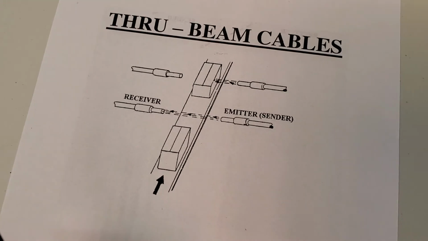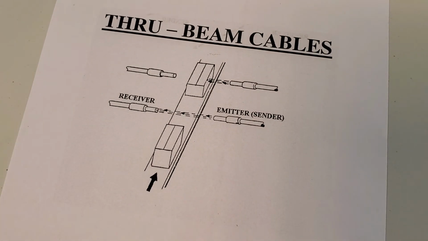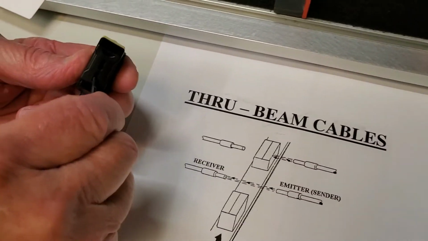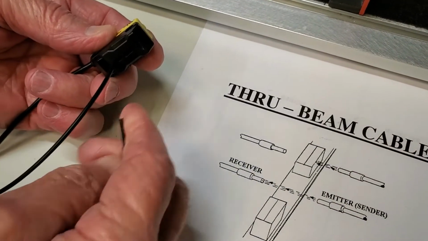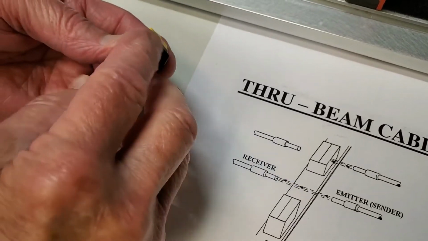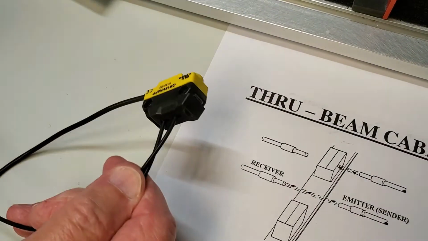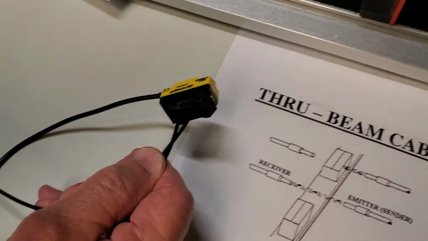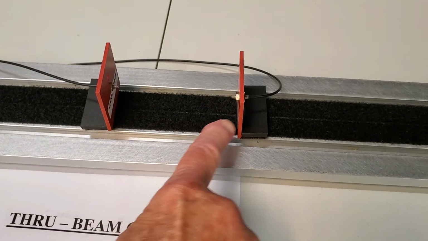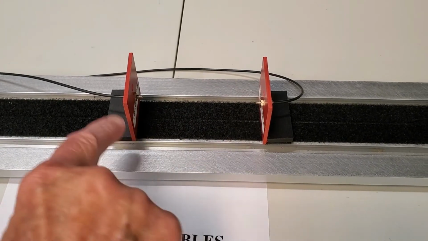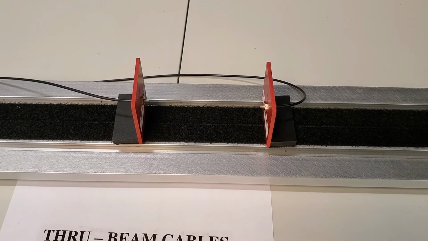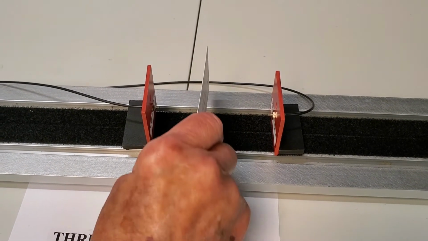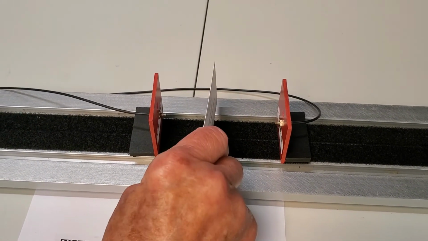Now we'll connect this the same way that we did with the other, placing the cables into the intensifier. And once we have those connected, we now have a field shown here with the true beams looking at each other, a sender and a receiver. So as something passes through, it will see the object.